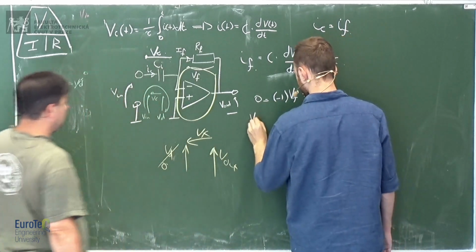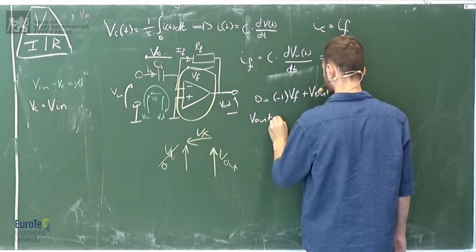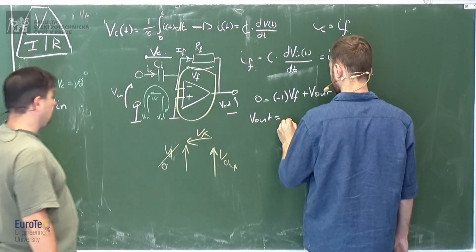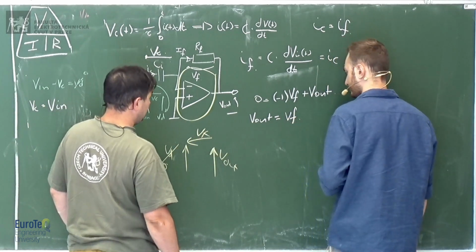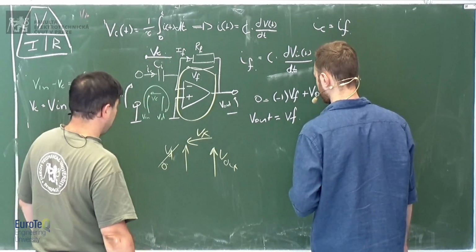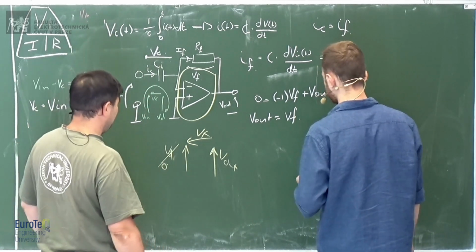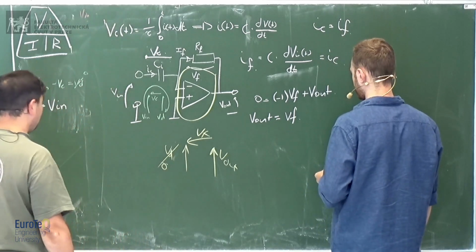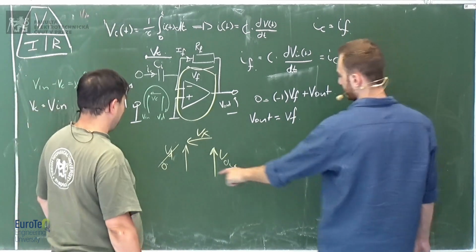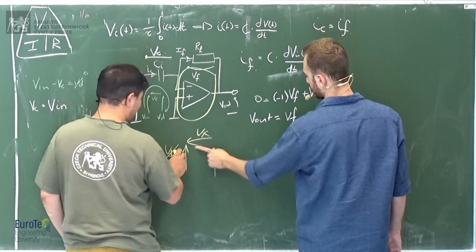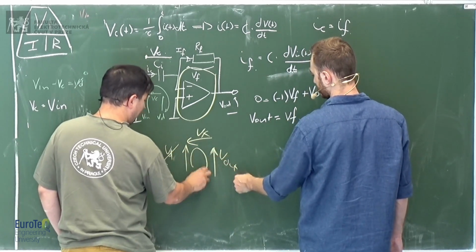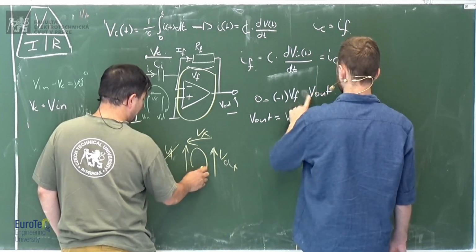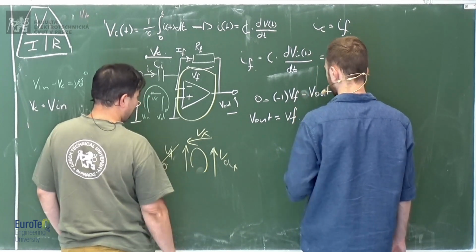So V output, if you apply Kirchhoff to that loop, it needs to be negative. So you made some mistake somewhere. It's minus. And then another minus. If you take this as a positive, okay.